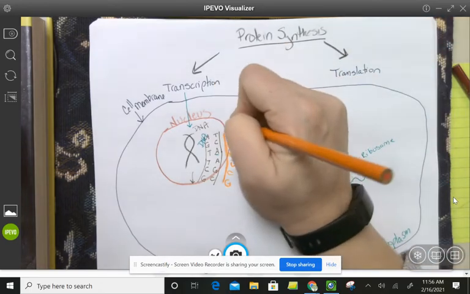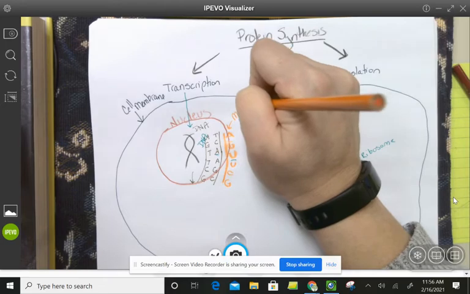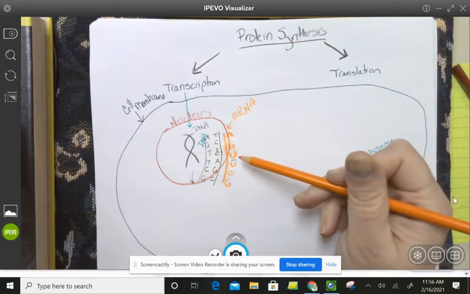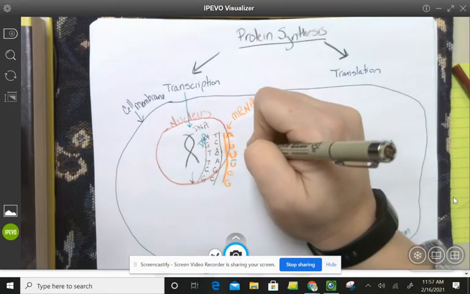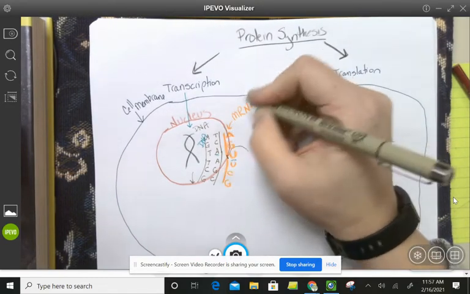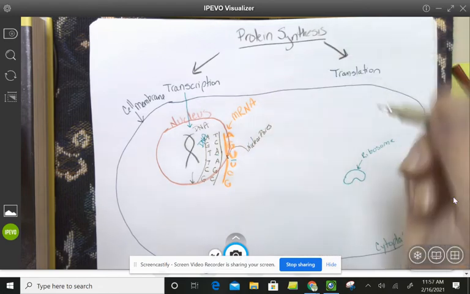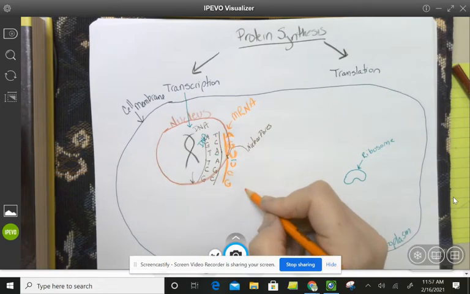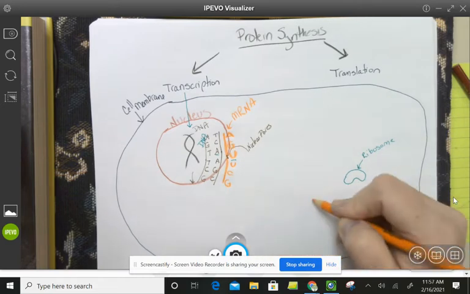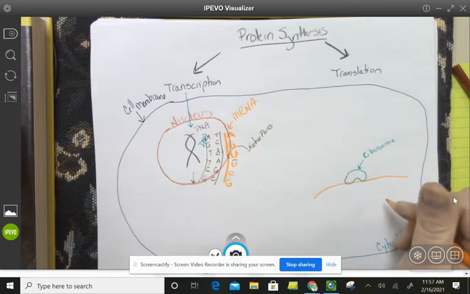So what we've created here is a strand of messenger RNA, and this can leave the nucleus. So it's going to exit, let me just draw a little. It's going to leave through one of the nuclear pores, and it's going to make its way out, and it's going to travel to the ribosome, and it threads itself into the ribosome.